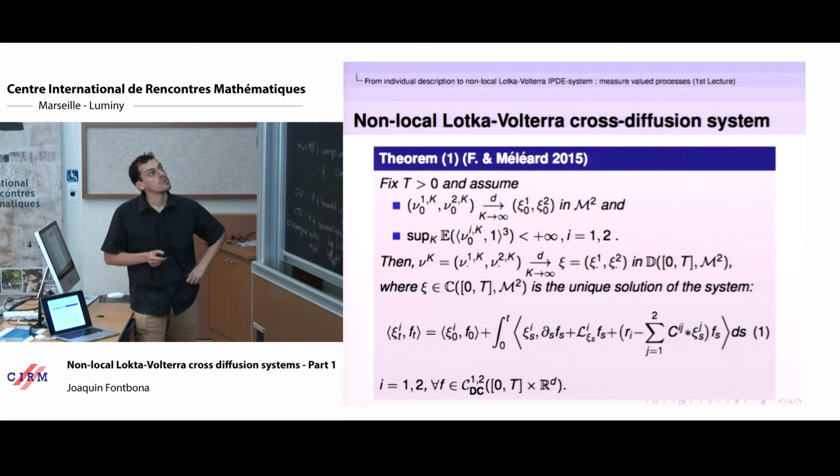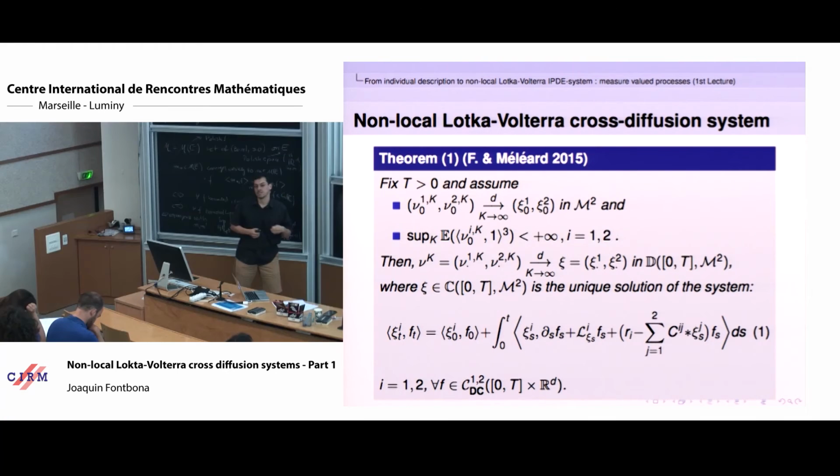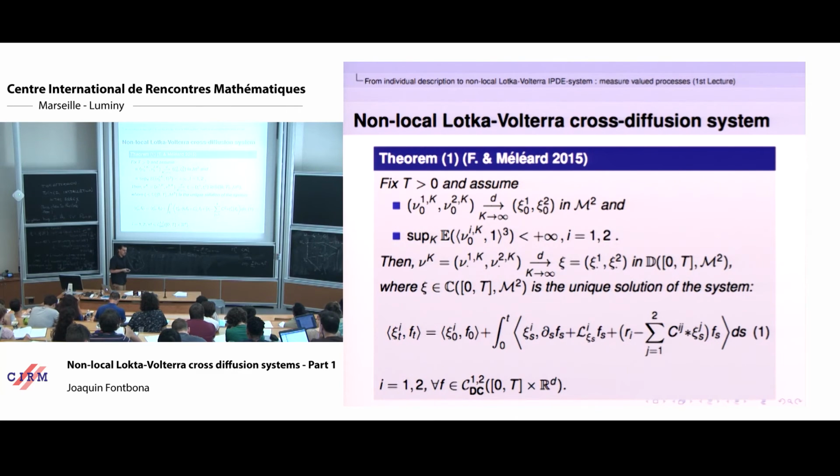Okay? So what are the spaces here? This is a Skorohod space, which is the space of càdlàg trajectories in the space of finite measures. Remember, they were càdlàg because I have jumps of the population size at least.